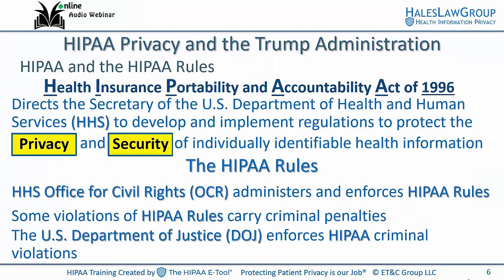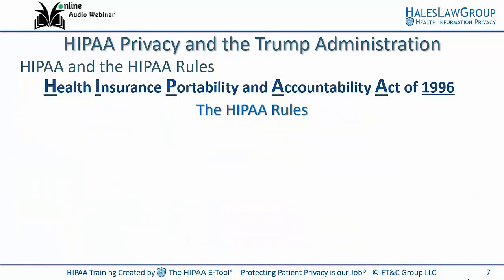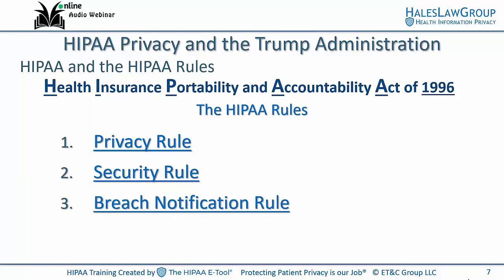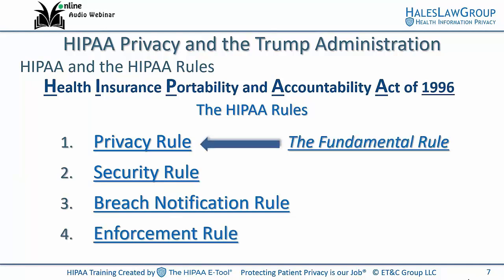HIPAA overview. Some HIPAA rules carry criminal violations, and in that case, it's the Department of Justice. The HIPAA rules, and there are 4 of them: the privacy rule, the security rule, the breach notification rule, and the enforcement rule. The privacy rule really is the fundamental rule. The security rule doesn't have what we call substantive law. The privacy rule, as I mentioned earlier, came into effect in 2003. The security rule came into effect in 2005, and it's been unchanged since 2005.